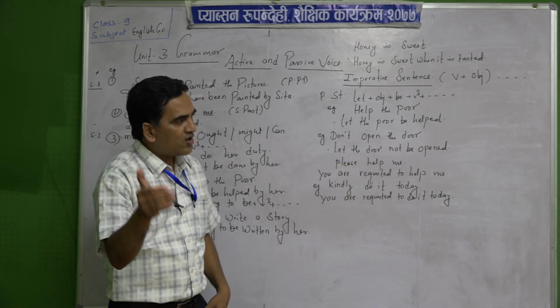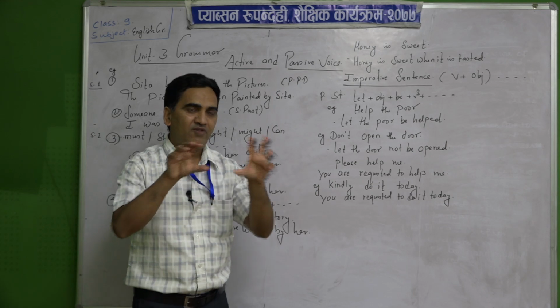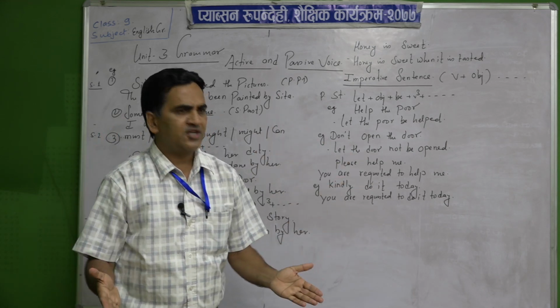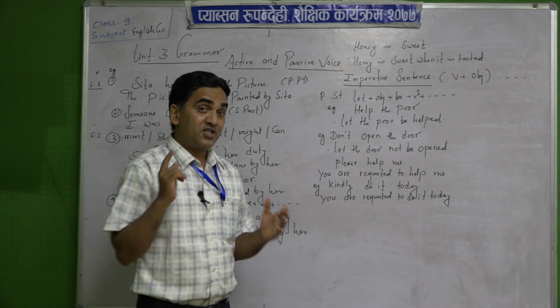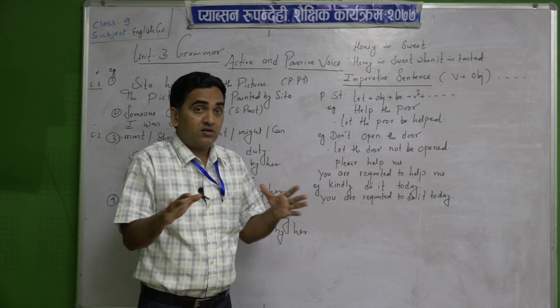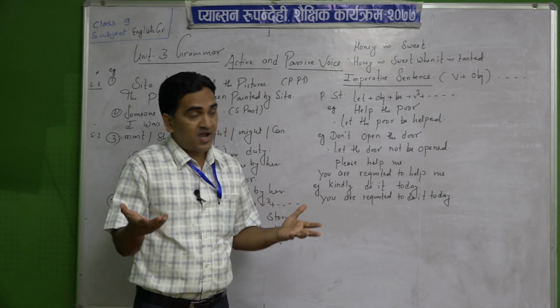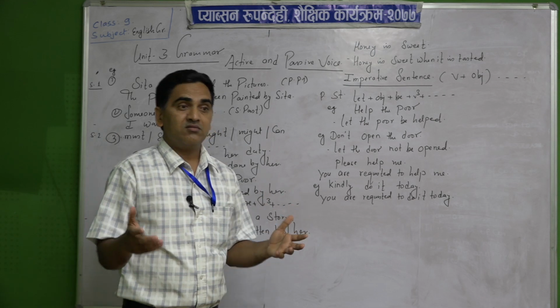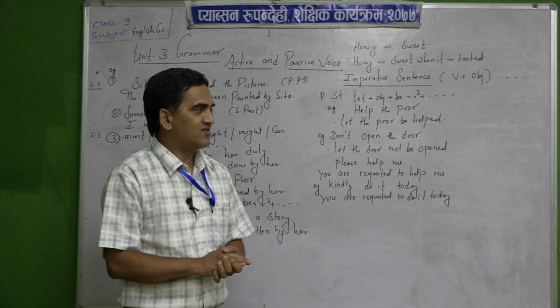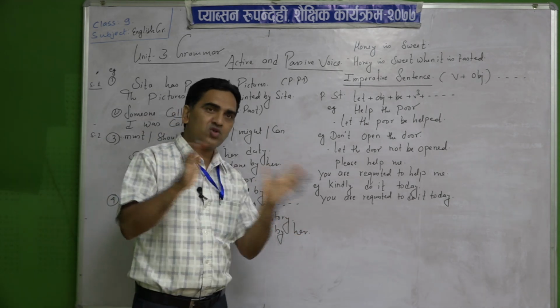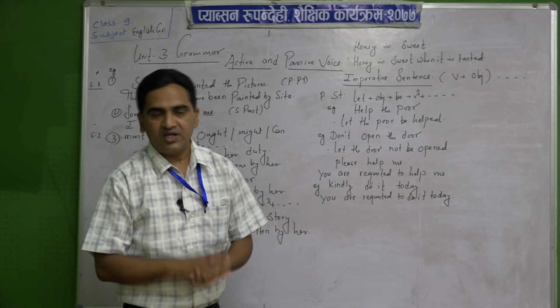Okay. If you go on reading the grammar, you will find different examples there. So until and unless you read, you can't write correctly, you can't speak correctly, my dear students. Yeah, active and passive both come in language functions, in language.